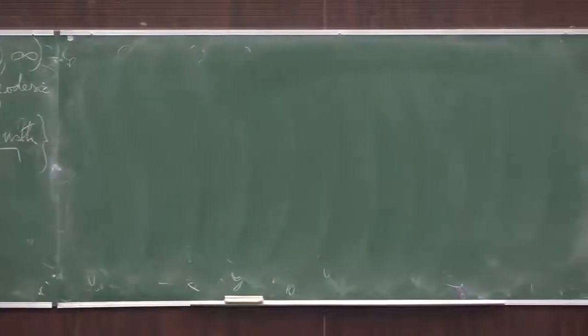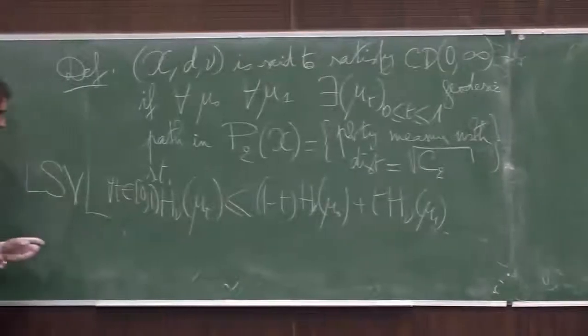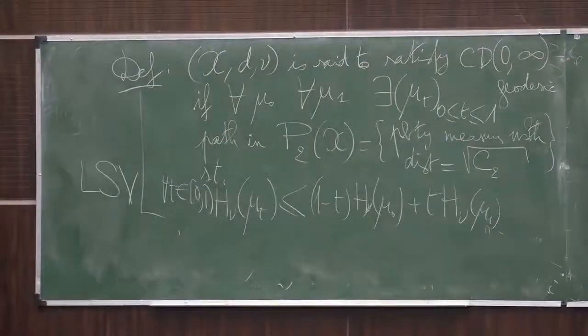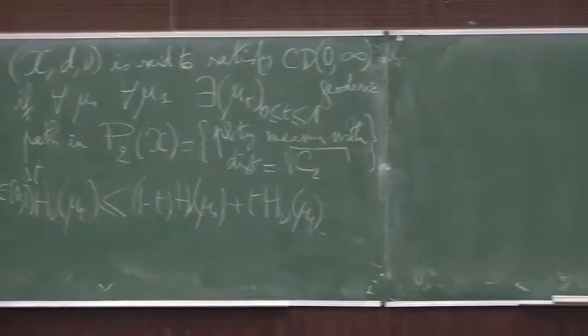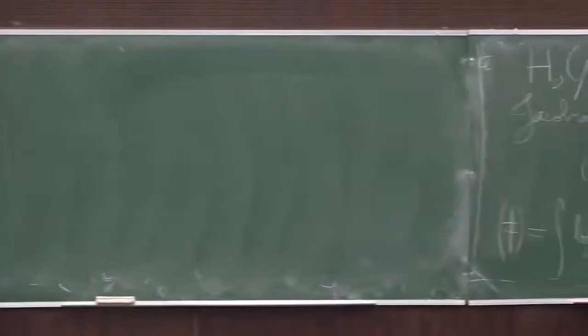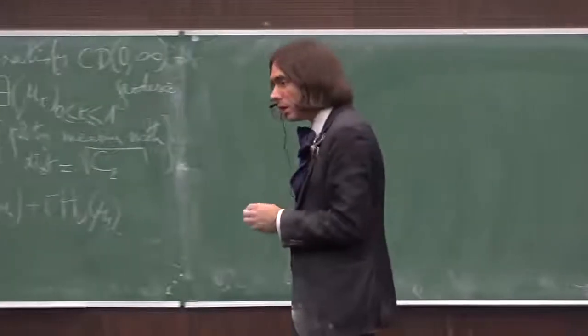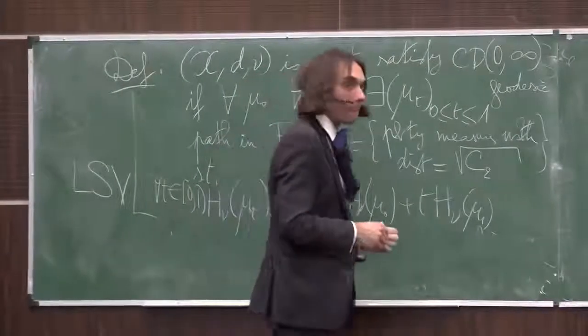So this is the definition that we introduced with Lott and Sturm almost 10 years ago. Yes, 10 years ago we started to introduce this definition, and it was the start of the theory, with the idea: let us take this as a definition and see to which point we can develop the theory.